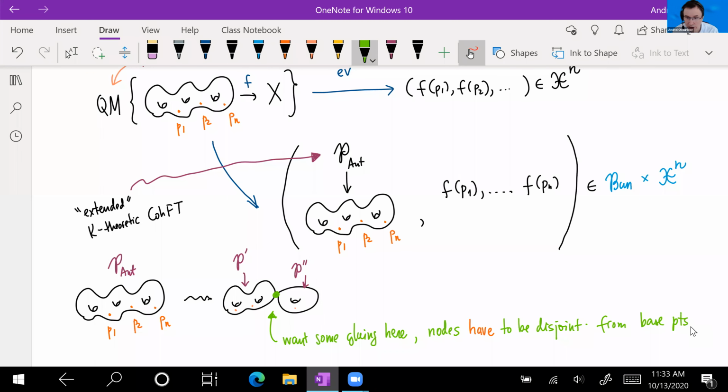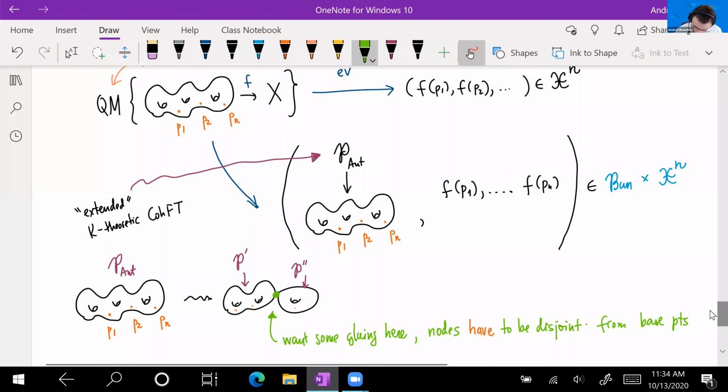So even if I want some kind of consistent theory of objects like this, we need an evaluation map that goes not to the stack but to the space X itself. For many reasons this is good, because K-theory of the space X itself is finite dimensional, as opposed to K-theory of the stack, which is something nice but infinite dimensional. So we would like to have that evaluation map to the K-theory of X itself.